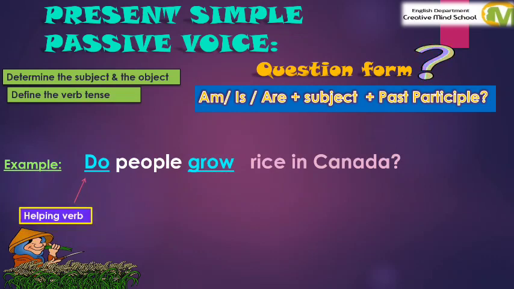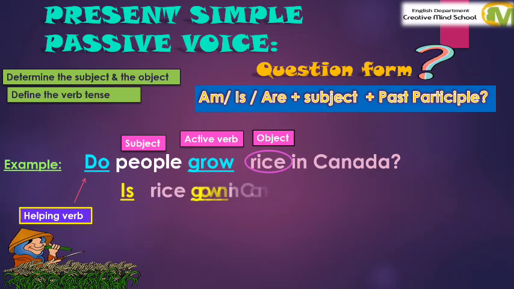Do here is a helping verb, people is the subject, grow is the verb, rice is the object. Now to change this question into a passive question, you should start with the proper form of verb to be with rice. Rice here is a singular noun, so the form should be: is rice grown in Canada?